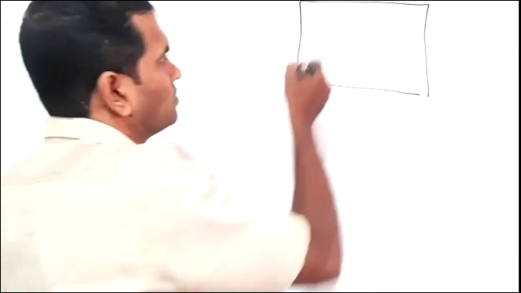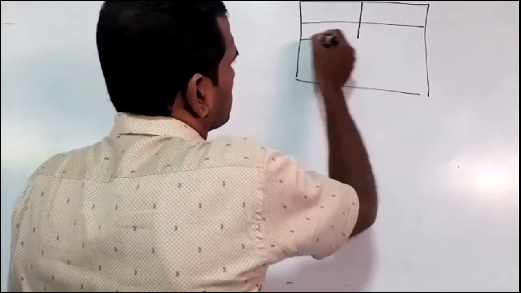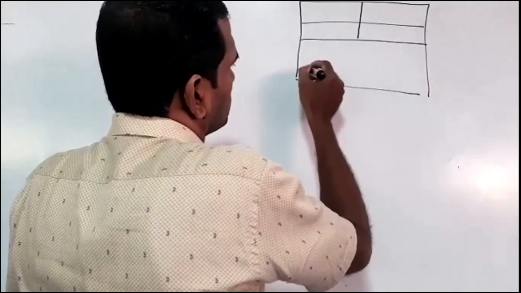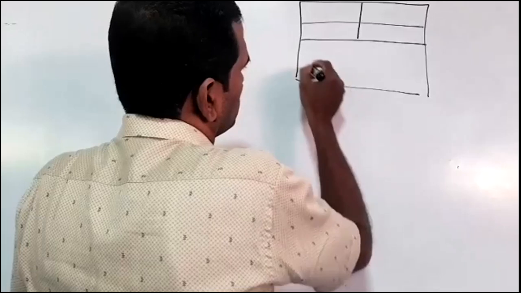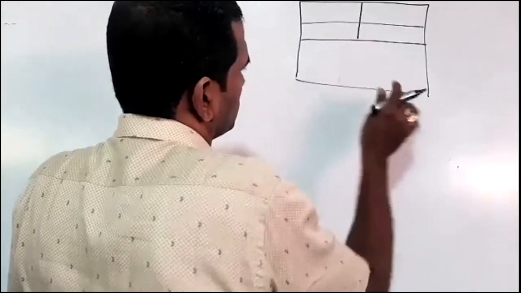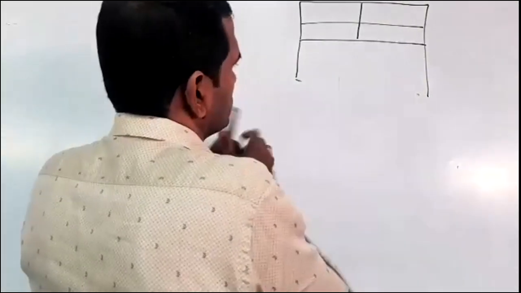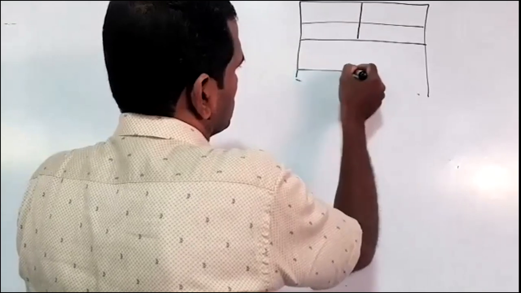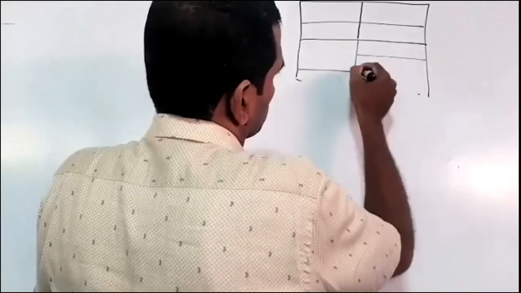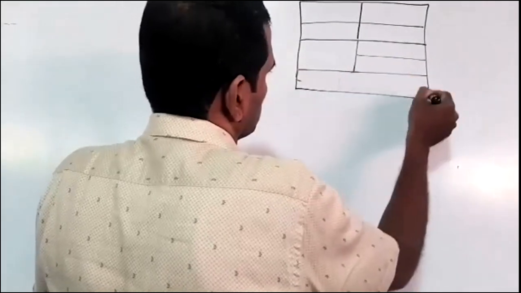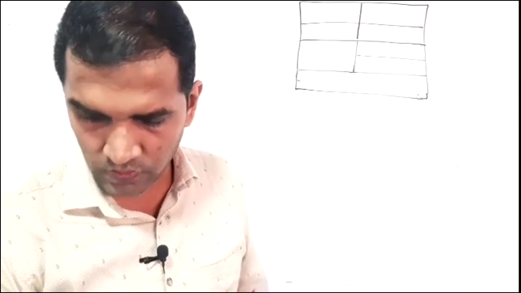So I just want to display a small table, a small table, 2 columns. Right, this is my table, but I put the borders as a normal border.